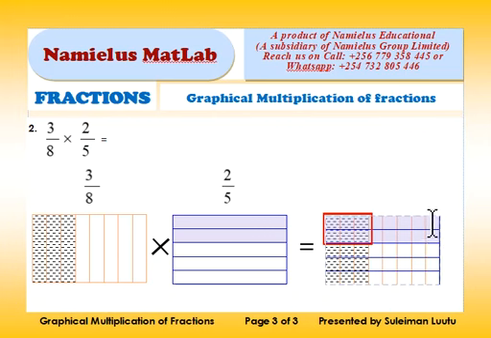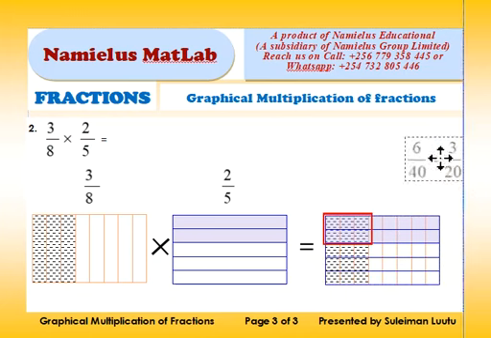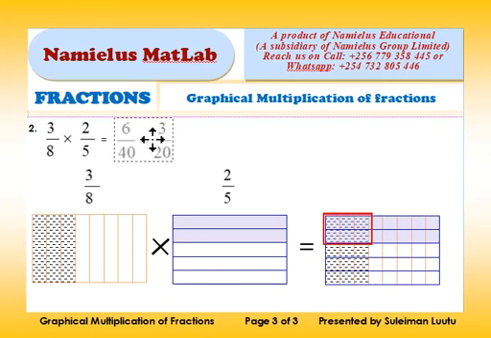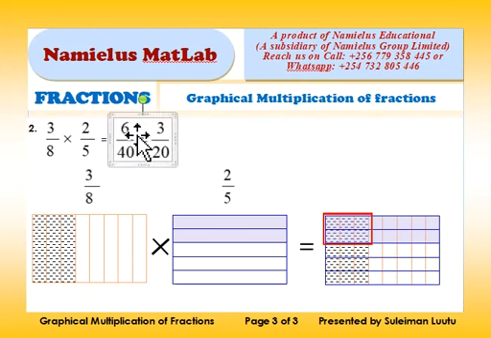Let's see here, it is 1, 2, 3, 4, 5. And then this side, 1, 2, 3, 4, 5, 6, 7, 8. So it is 5 times 8, which is 40. So we have here 6 shaded twice over 40. And then when we reduce it, it becomes 3 out of 20.